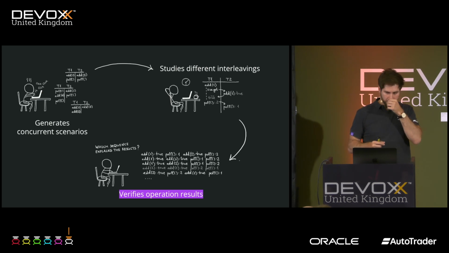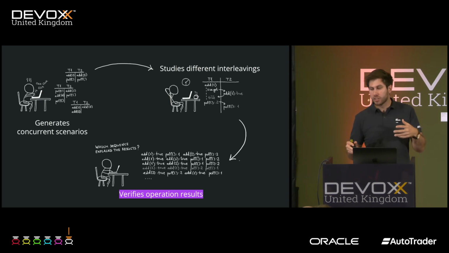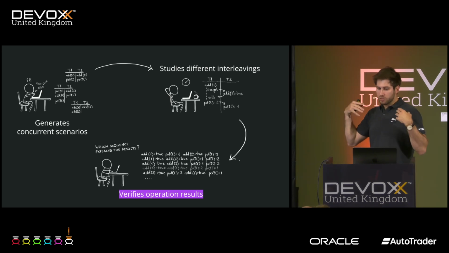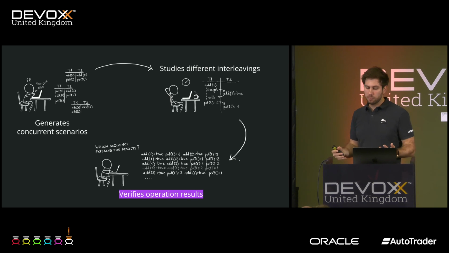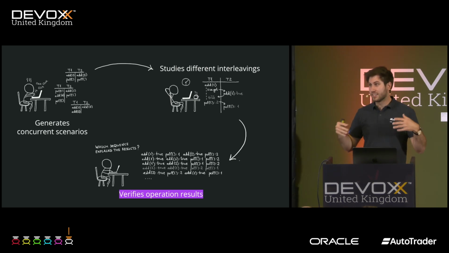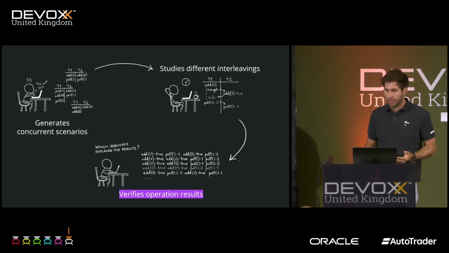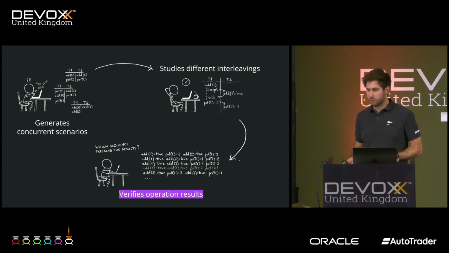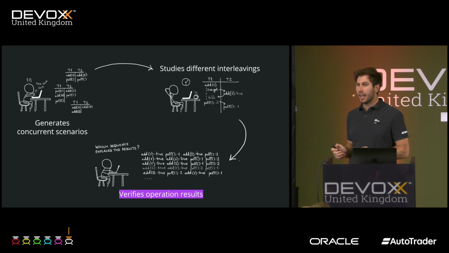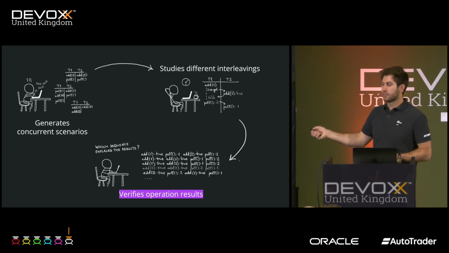So do you remember what linearizability is? So we just discussed, right? So when you say that the data structure is linearizable, we mean that the execution is linearizable. We mean that we can find a sequential execution that can explain these results. That's actually what Lincheck does to understand whether the results are correct or not.